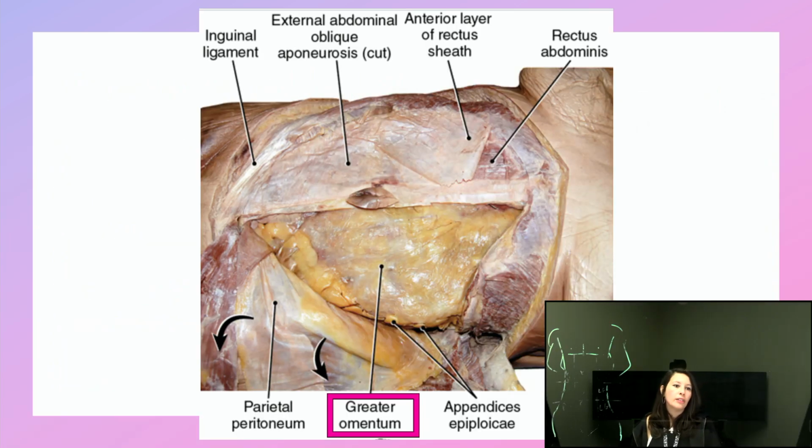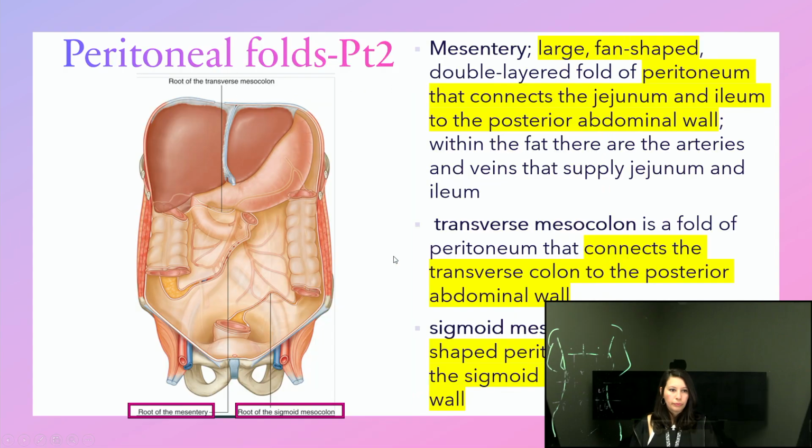And so here you can see that in this cadaveric dissection, this is more superior, this is more inferior. You can see that in this picture, they have already reflected partially the muscles of the anterior abdominal wall, and you can already see or appreciate that greater omentum right there.